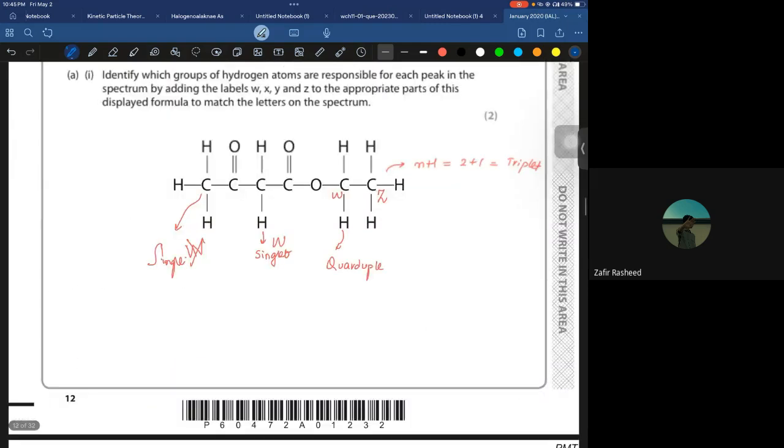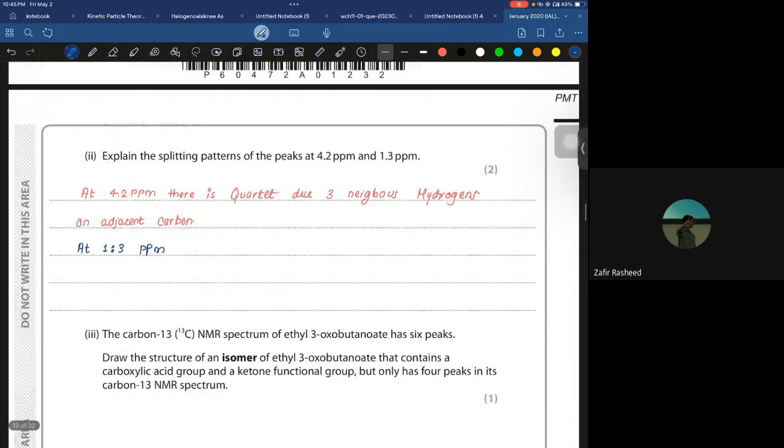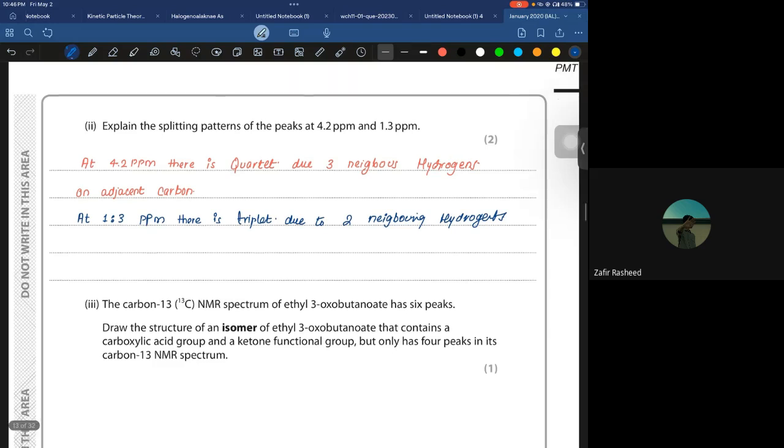At 1.3 ppm, there is a triplet, due to two neighboring hydrogens.